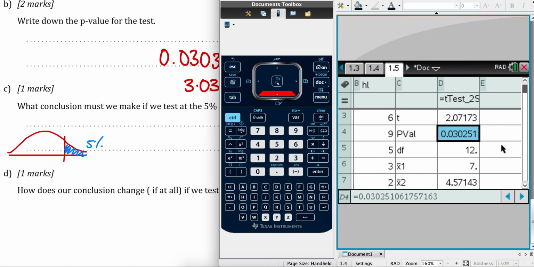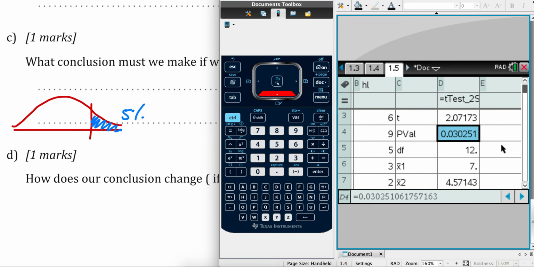And therefore, similar to the previous question, the area that I found is smaller, it was 3.03%. This is where we decide whether to do the alternative or the null, which is off the original 5% value.